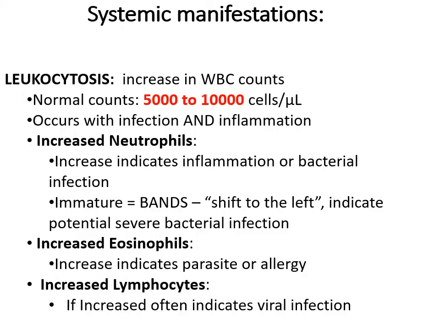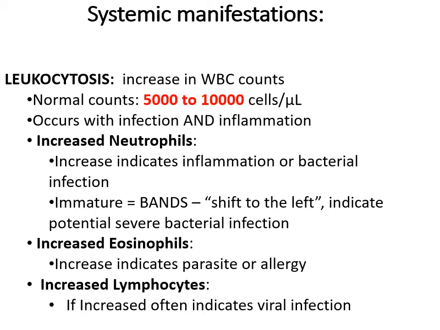Okay, so let's talk a bit about leukocytosis. We're still on systemic manifestations. Remember, leukocytosis, elevated white blood cell count as a whole. Normal white blood cell count as a whole, all of them together, 5 to 10,000 typically. Different labs will give you slightly different numbers, say 6,000 to 11,000.